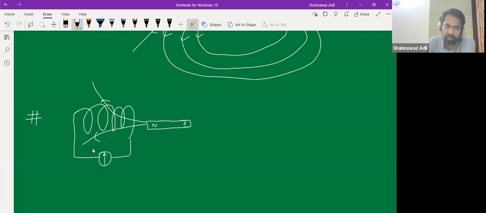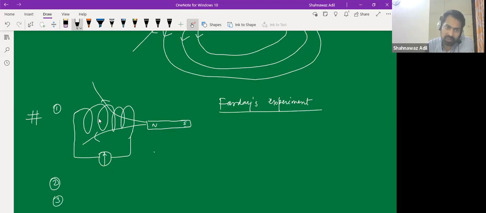We will see what happens with this coil. In the next class, we'll study Faraday's experiment. This is the first diagram; we'll have a second and third. We'll study all three cases and see what happens with this galvanometer.